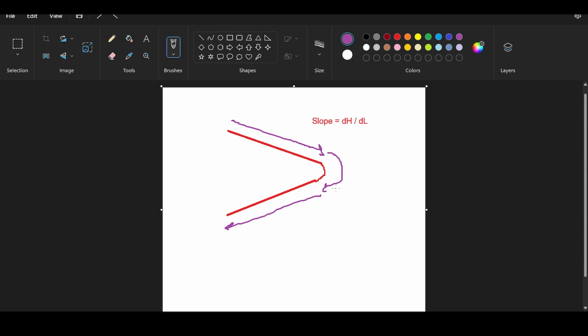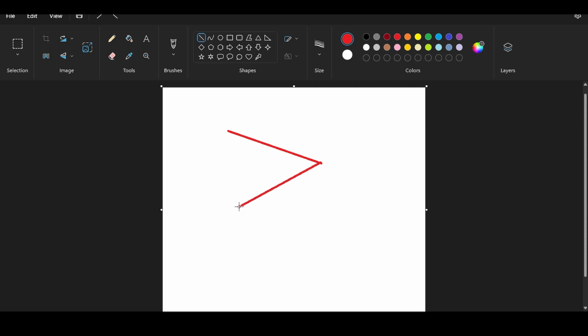Now, when you do a horizontal curve, your ramp looks like this, because the car goes down and then it rotates horizontally at this point and then it goes down again. So here the slope is a little bit steeper because you lost the length of the helix.